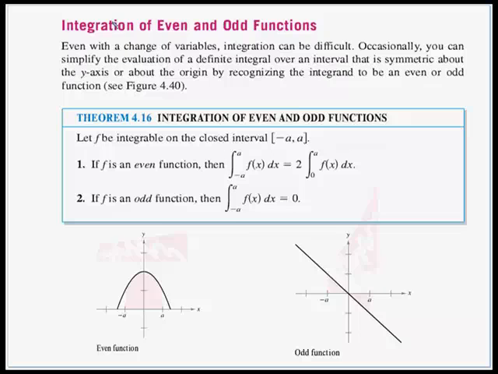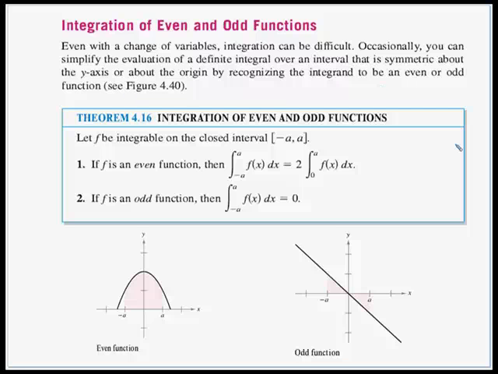Now let's talk a little bit about integrating even and odd functions. Even with the change of variables, integration can be difficult. Occasionally, you can simplify the evaluation of a definite integral over an interval that is symmetric about the y-axis or about the origin by recognizing the integrand to be an even or an odd function.